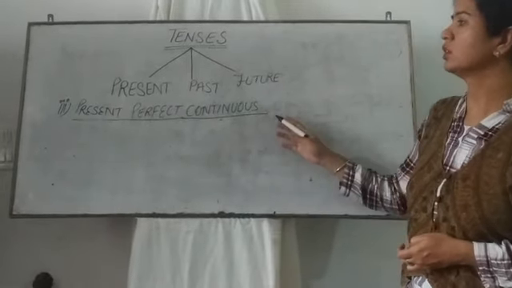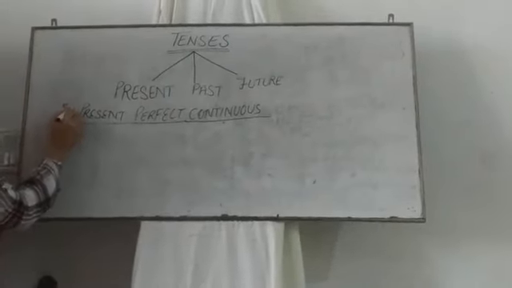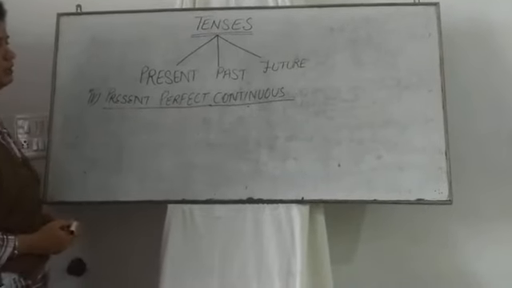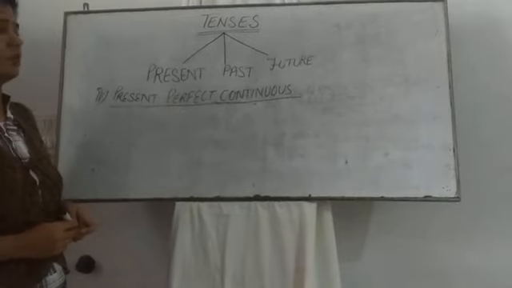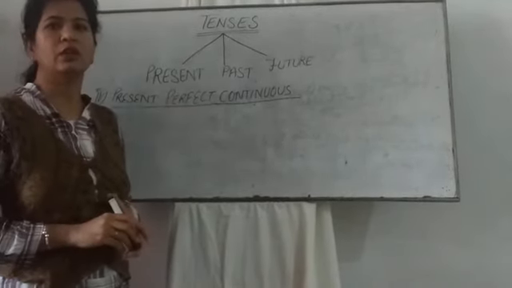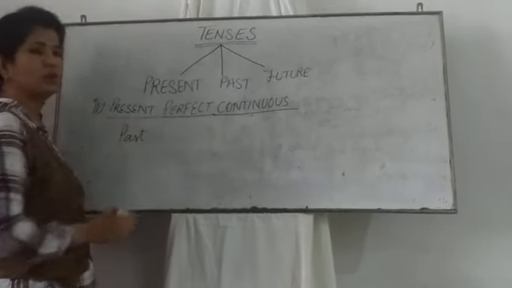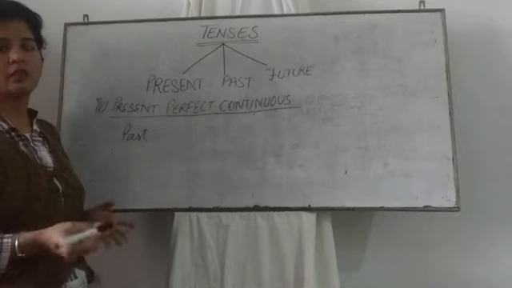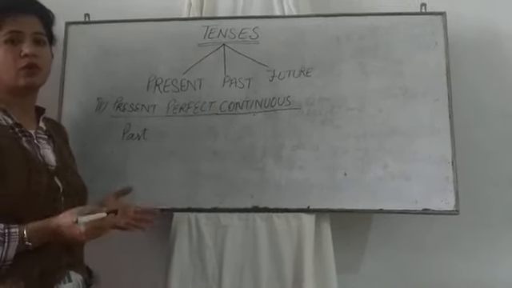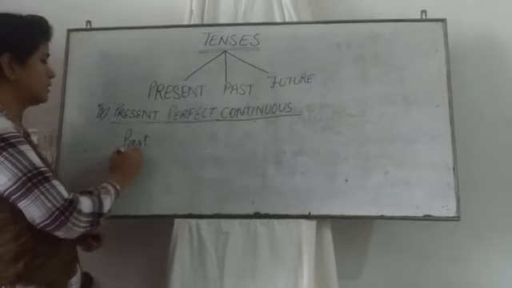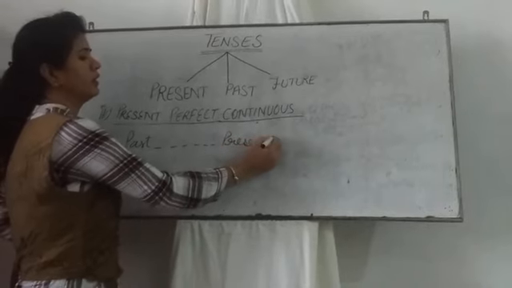And the fourth part of present tense is present perfect continuous tense. Where do we use present perfect continuous tense? For an activity which starts in the past. It can start 10 minutes ago, or it can start one day before, but it starts in the past and is still going on in the present.